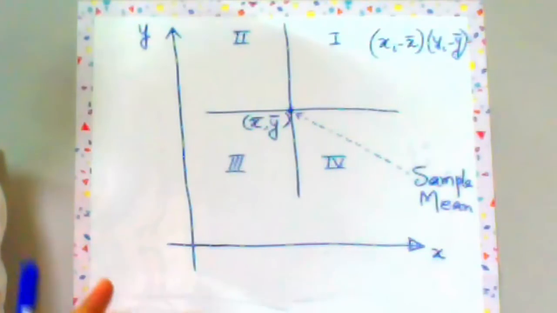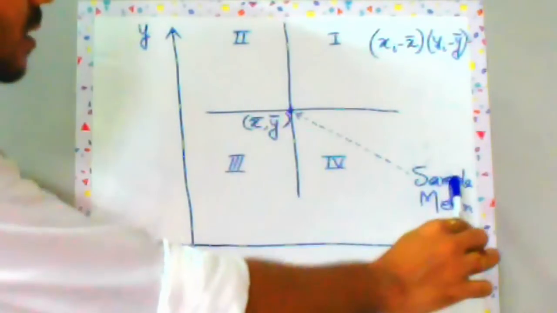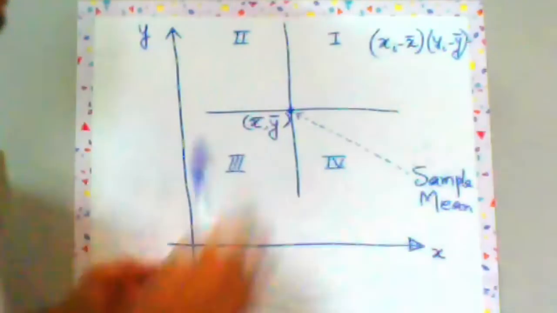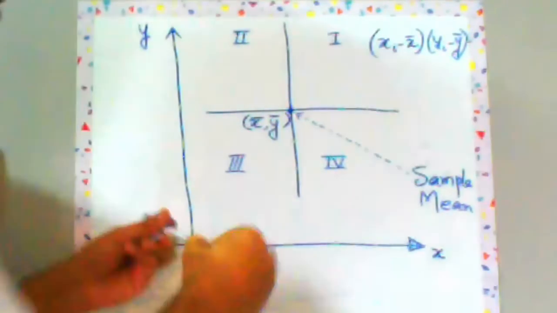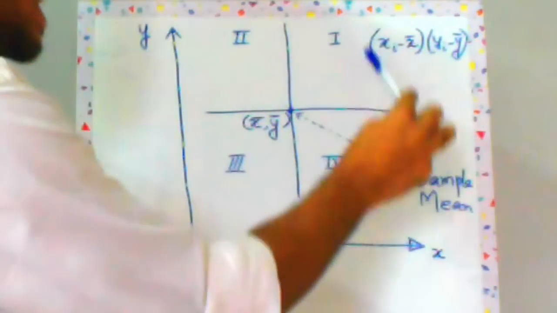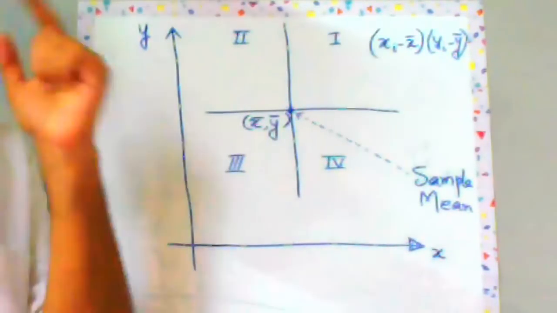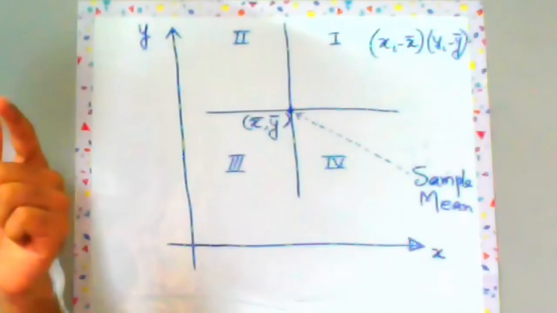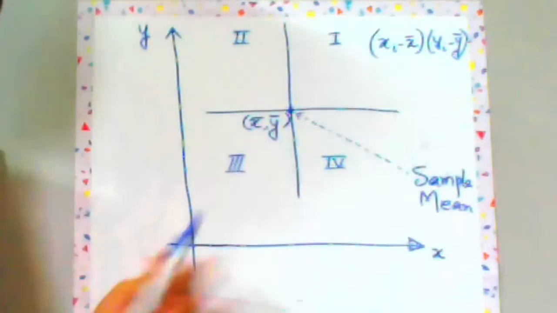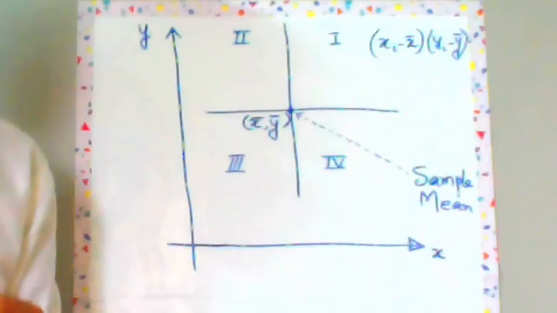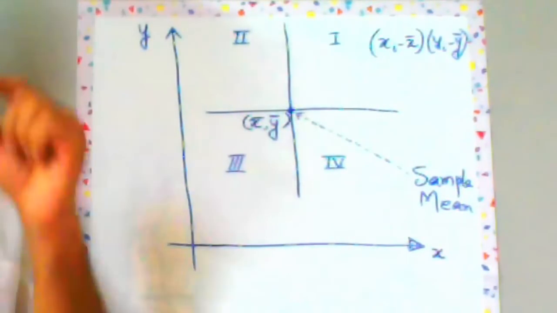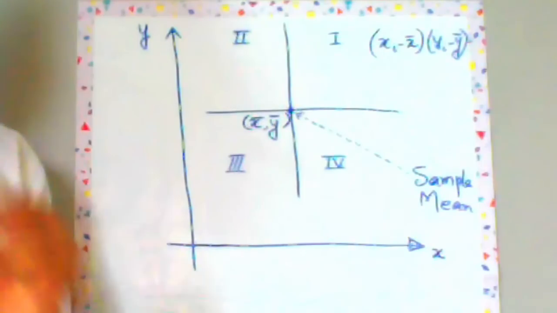What I have done over here is found the sample means and divided the XY graph into 4 sections. This section is the area where x values are greater than the mean of x and y values are also greater than the mean of y. Over here, x values are less than the mean of x, but y values are greater than the mean of y.